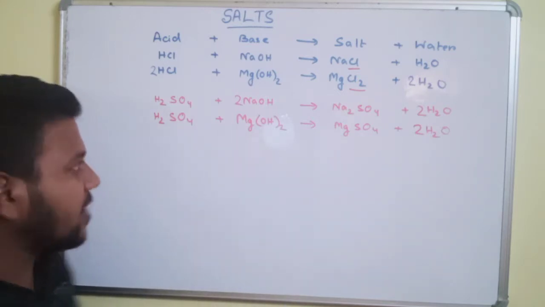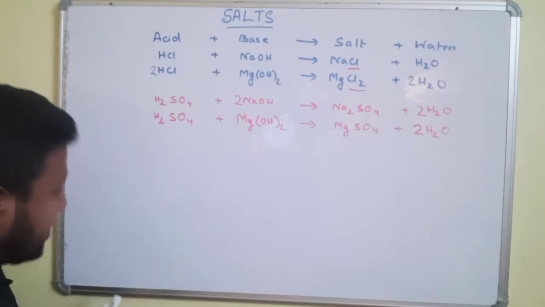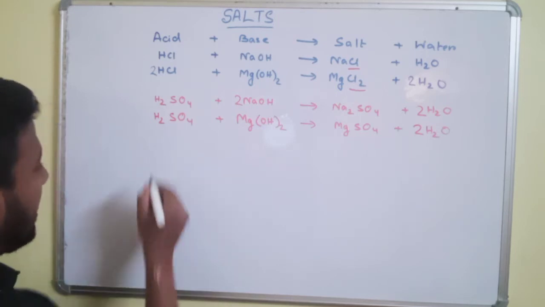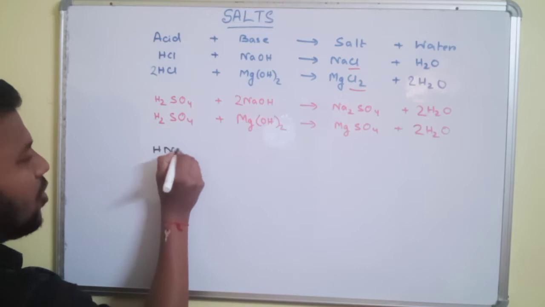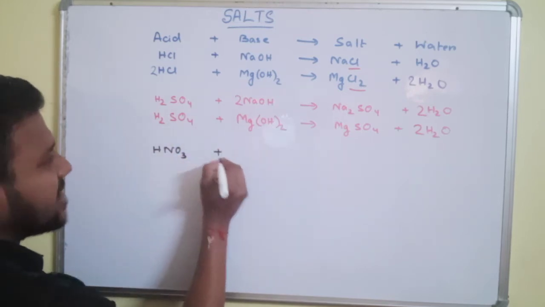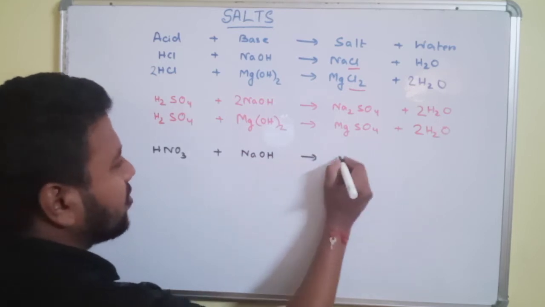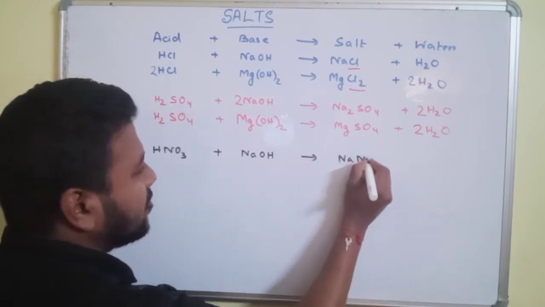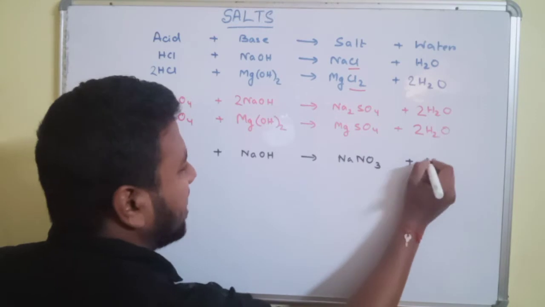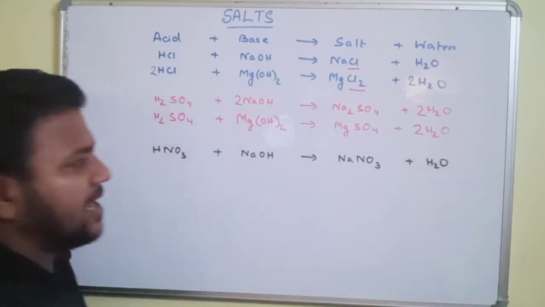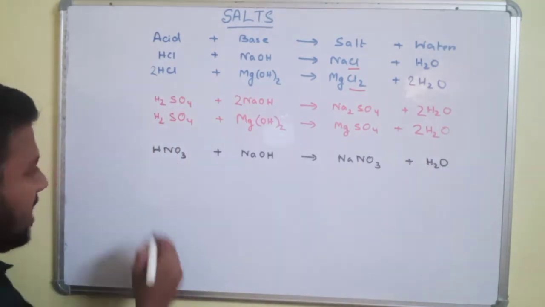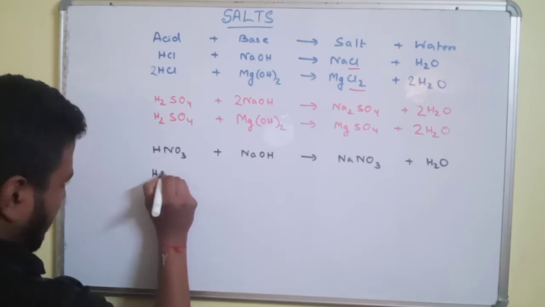Let us see one more acid, say HNO3. HNO3, when it reacts with NaOH, it leads to the formation of NaNO3 plus H2O. Again, let us take one more example.